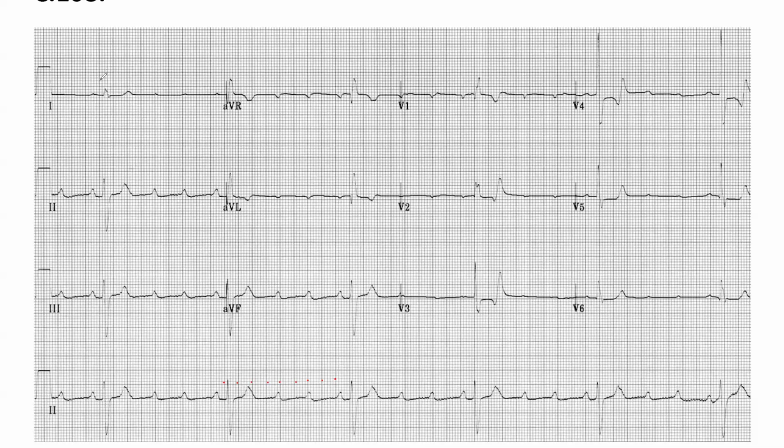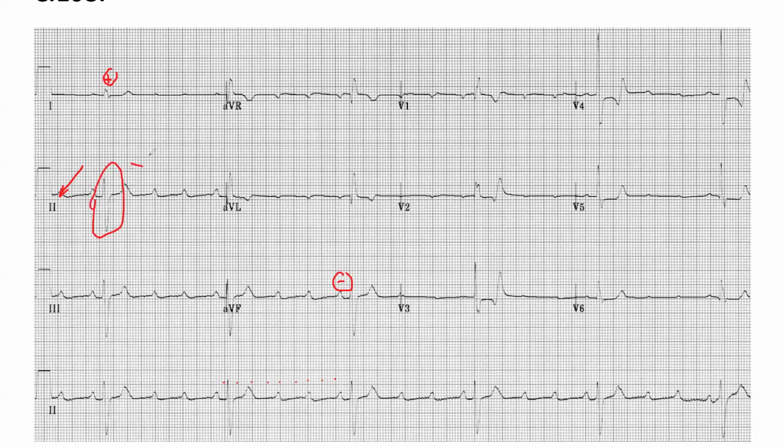If we look at lead 1, it is appearing positive. AVF is negative. So that means we're going to have a left deviation. Now it just depends on whether it's extreme or not.